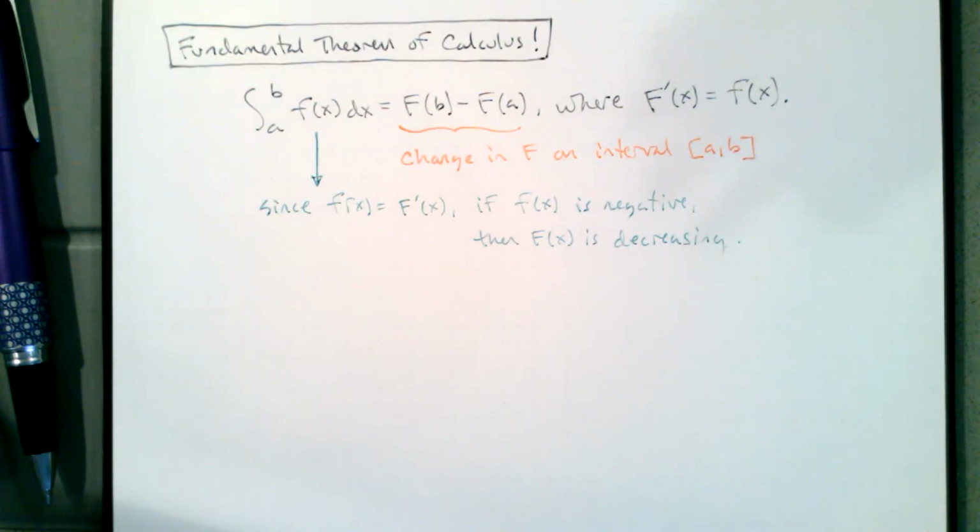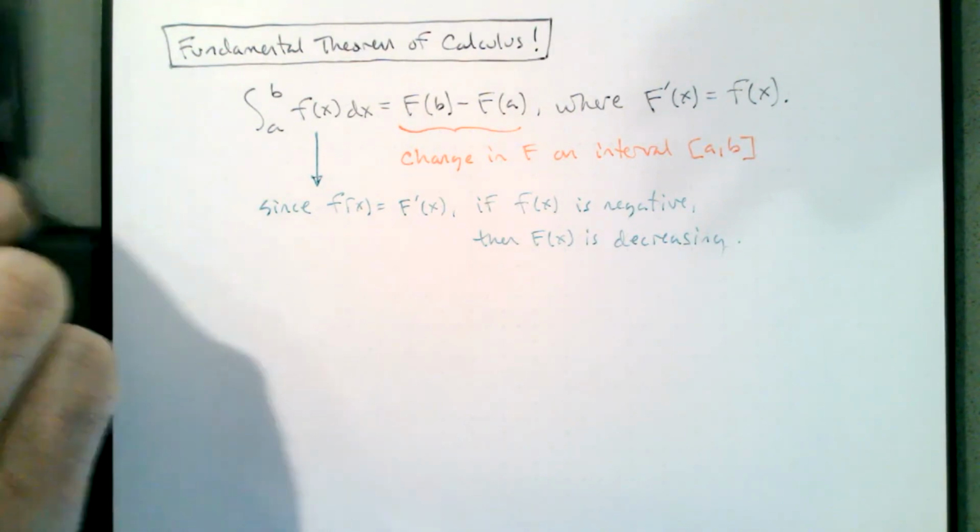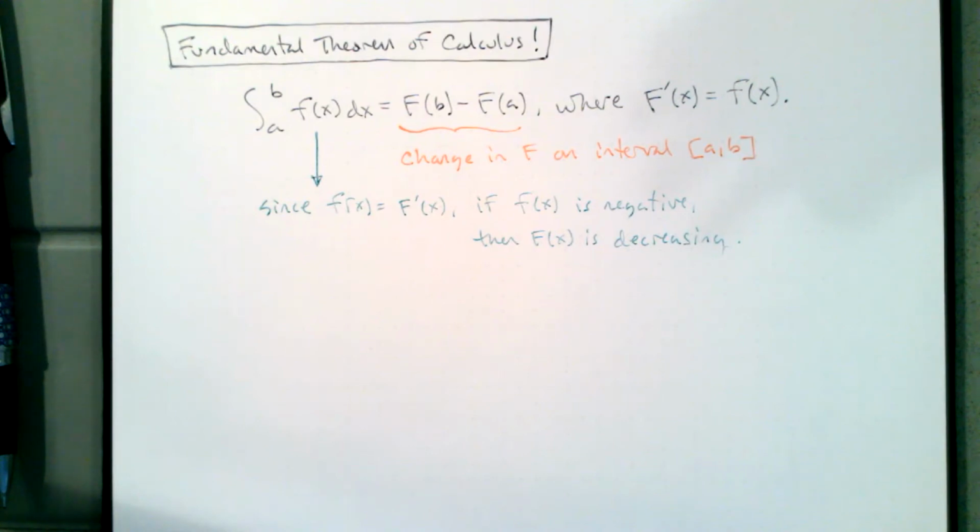If the derivative is negative, then the function is decreasing. And so now it makes sense that the definite integral is going to call area below the x-axis negative, is going to calculate that as negative area, because we're looking at the derivative of a function. And if the derivative is negative, the function is decreasing.